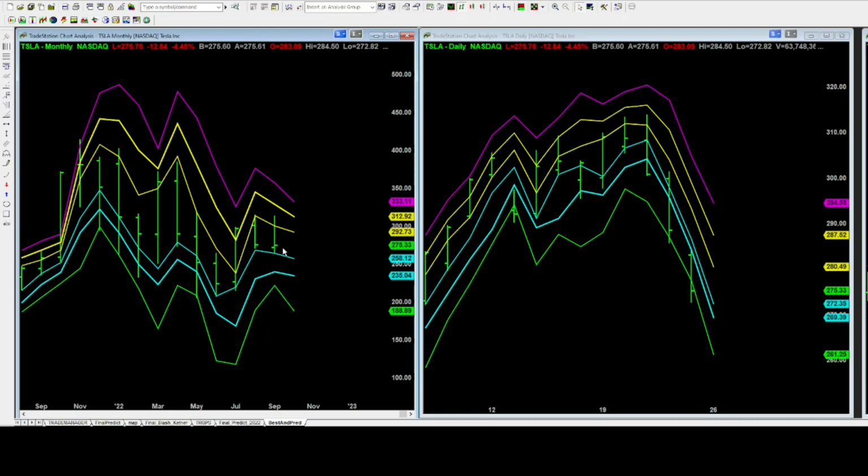So next week is the final week of September. It will drop down to this blue trend line, and this blue trend line is about $263. It's close to this point, around $261 or $262.